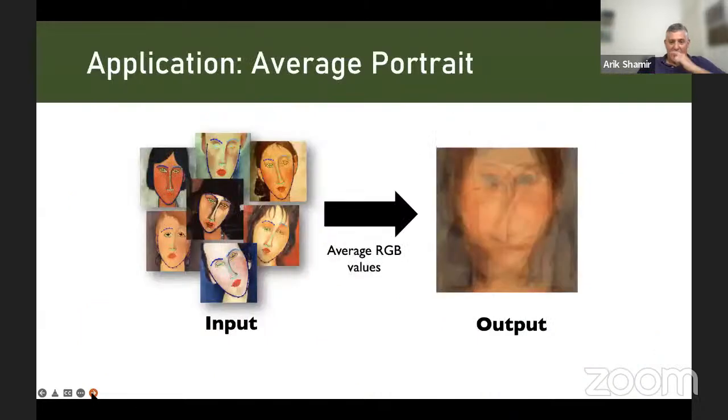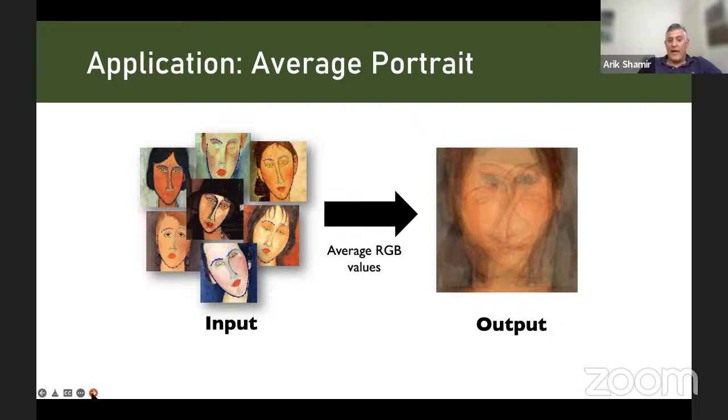Now, another nice application is, now that we can find the correct detection of the landmarks for a specific artist, we can then average the different portraits of a specific artist and create the average portrait. Now, on the right, you can see the results if we just superimpose one on top of the other without any alignment.